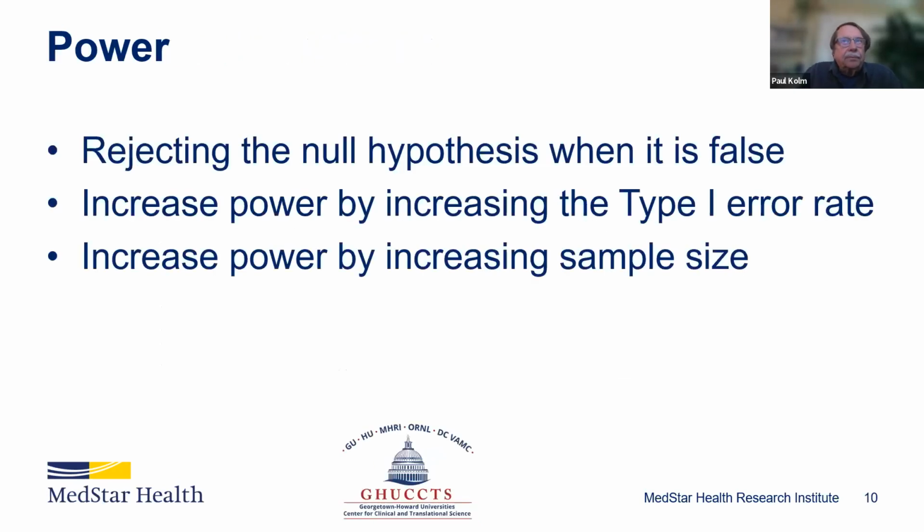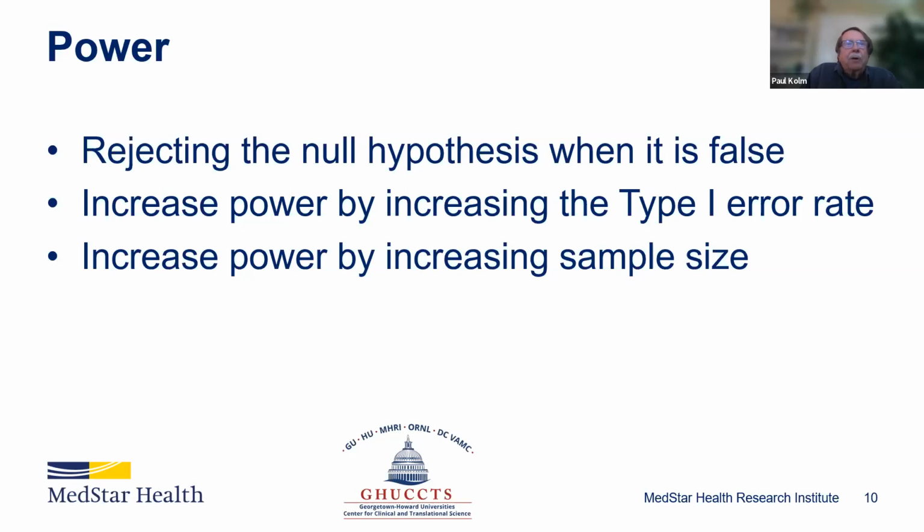So if we reject the null hypothesis when it is indeed false, then there's always the possibility that we made a wrong decision. That is, we shouldn't have rejected the null hypothesis. And this is our type 1 error rate, or the p-value.